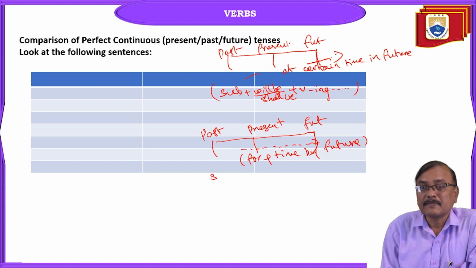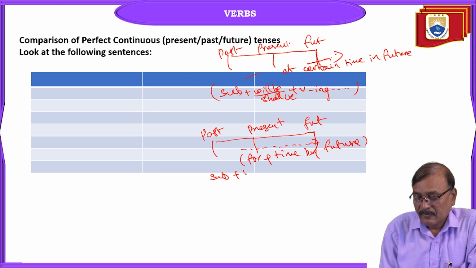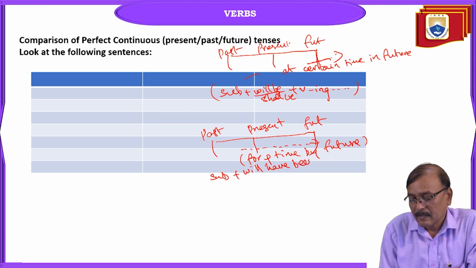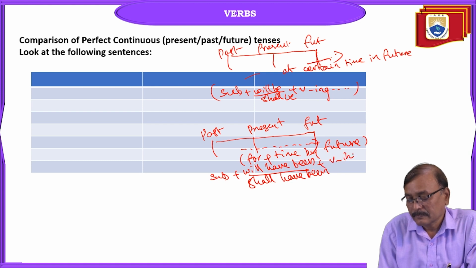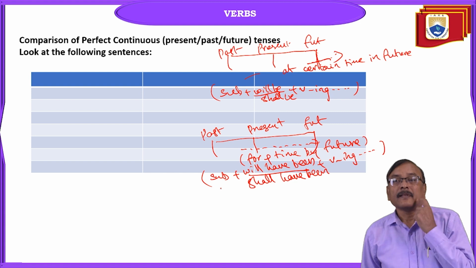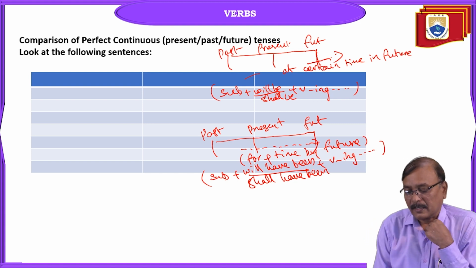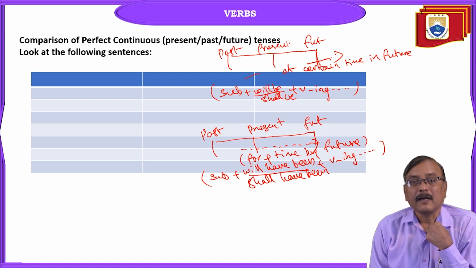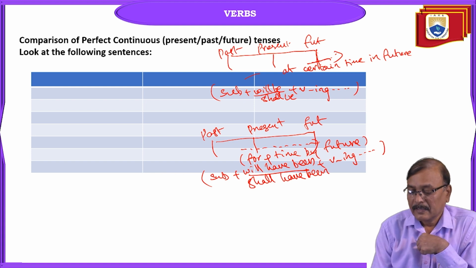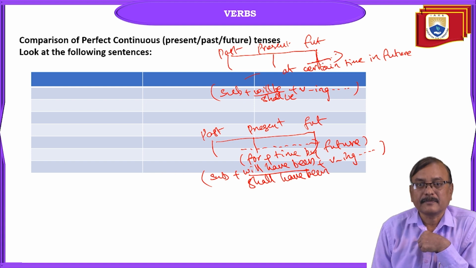Here, subject plus will have been or shall have been plus verb ing form. Right? Okay. Now you see here. What is it here? Continuing at a certain time in future.